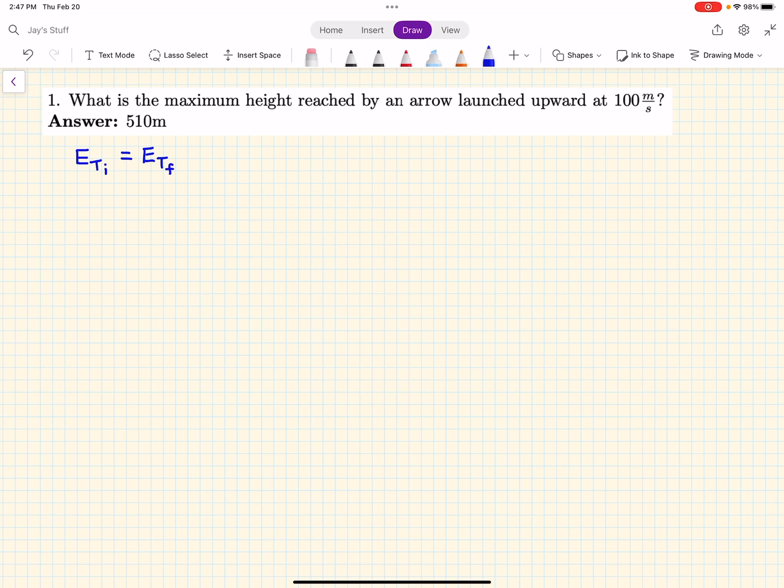And if this is being launched, presumably from the ground, with an initial velocity of 100 meters per second, it is going to move up and eventually come to a stop where its final velocity will be 0 meters per second in that instant where it stops before it starts to fall back down.